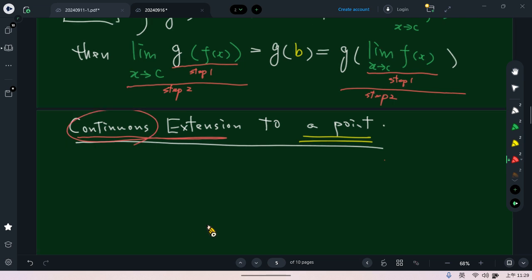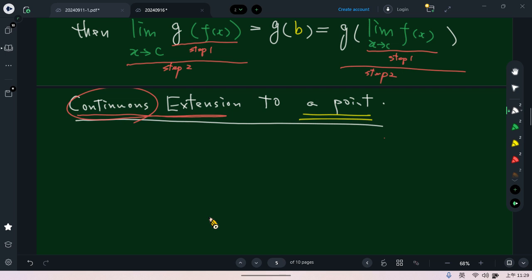So let me show an example to you with a function we already know. Before that, let me ask you, sin x over x, is it a continuous function? Yes, right?